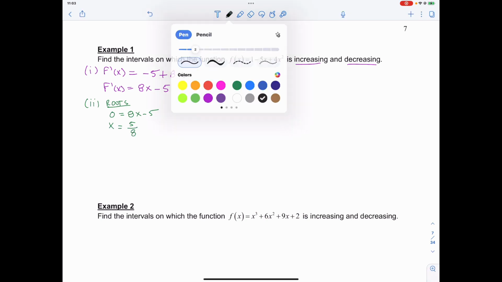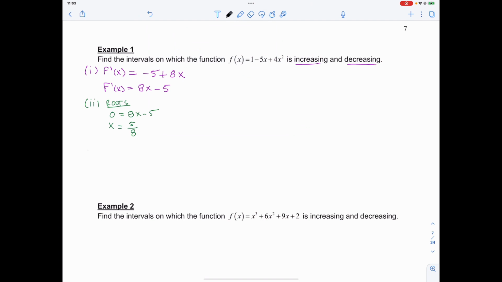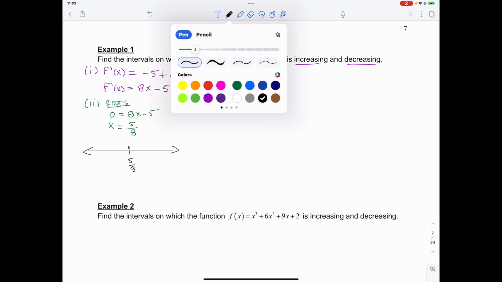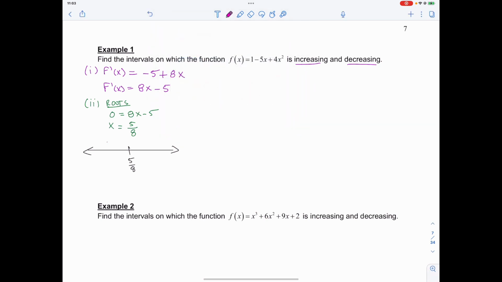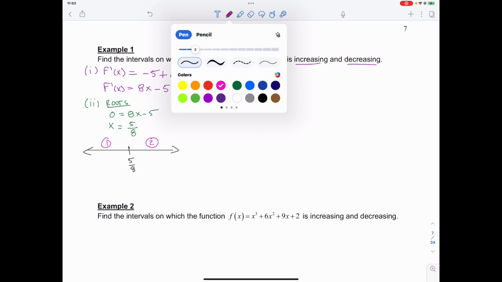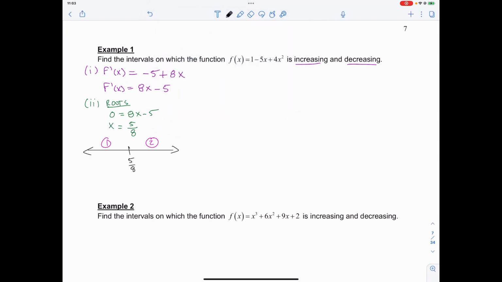And if that's the root, like when we were doing the intervals in the previous lesson, then I'm going to have that 5 over 8 here, and it's going to split into two regions, when it is less than 5 over 8 and when it is greater than 5 over 8. For step 3, we can make a chart like we did in the previous lesson.